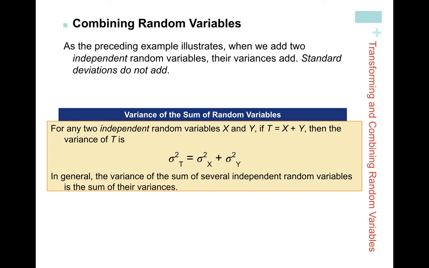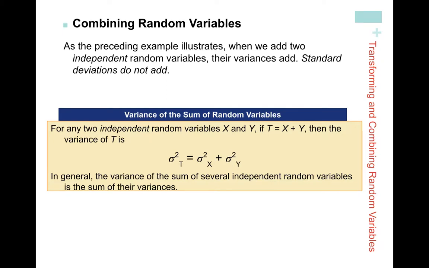So what is the variance of the total? By the way, this total T is a new random variable, which has the same shape as these other random variables. The variance of the total is equal to the sum of the two variances. That's very important. The variances add. So you can't just simply add the two standard deviations.